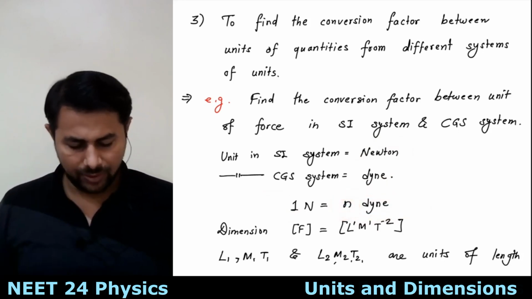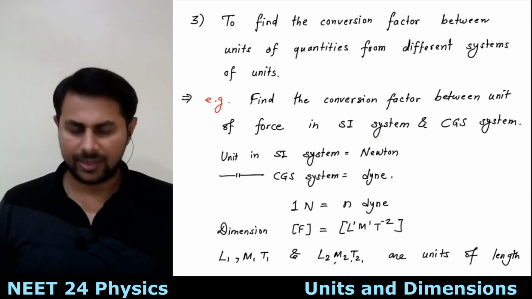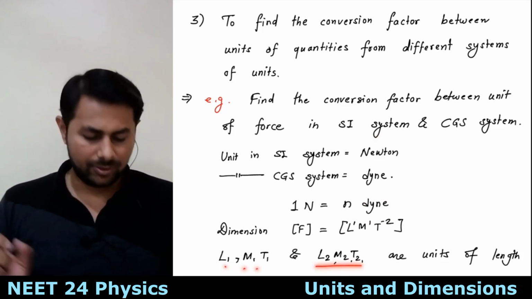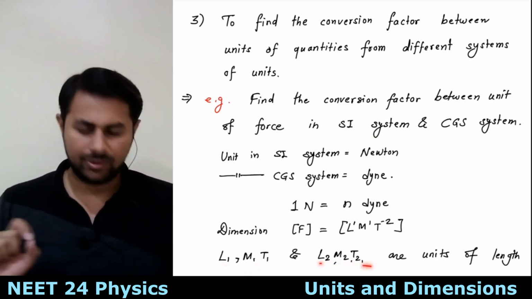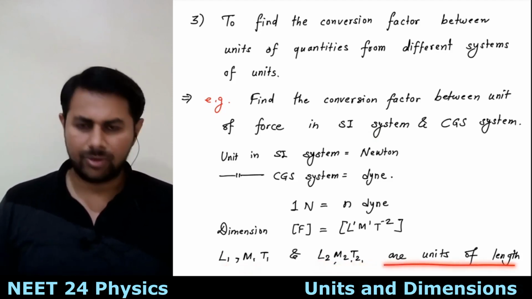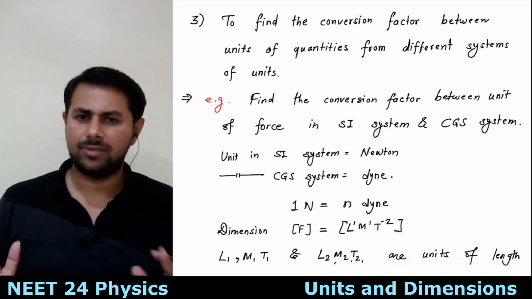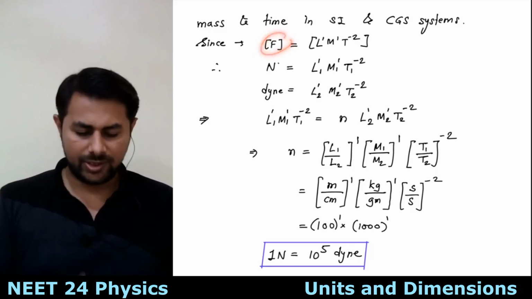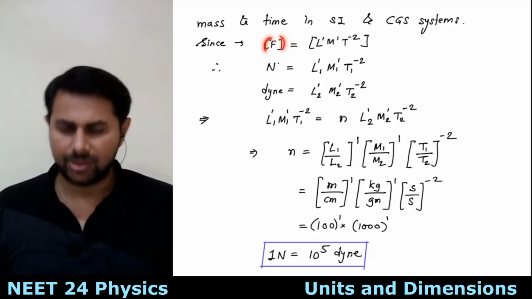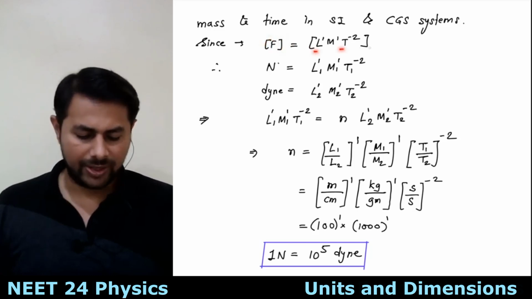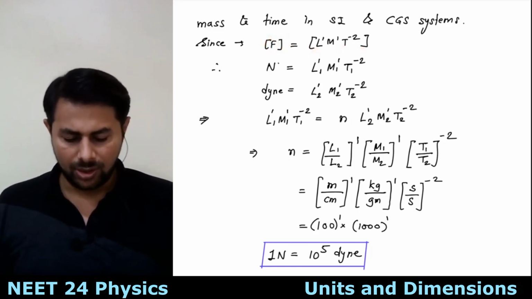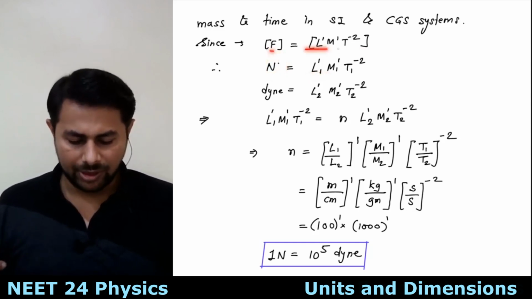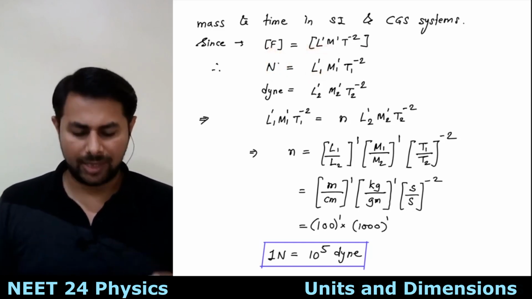So what you do is, in the first system you write length, mass, time as L1, M1, T1, and in the second system you write it as L2, M2, T2. These are units of length, mass, time in the two systems of units. Then, the dimensional formula for force is L M T raised to minus 2.